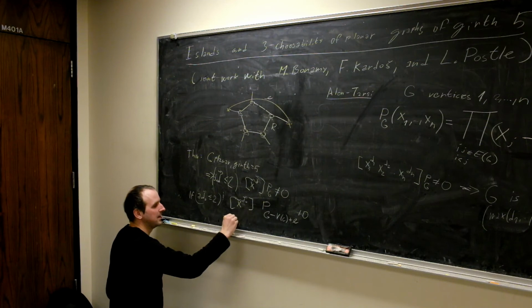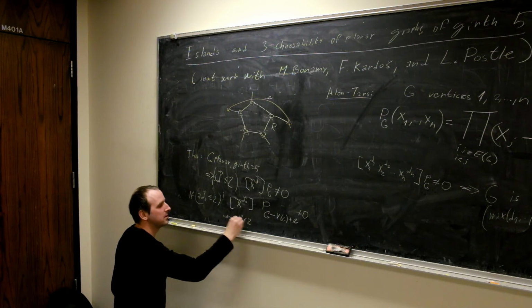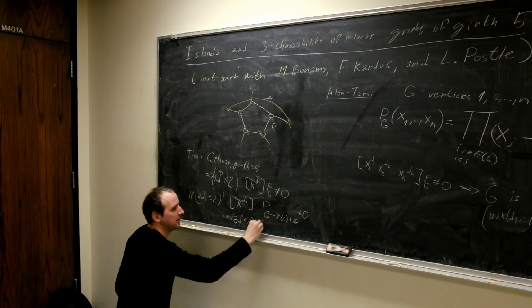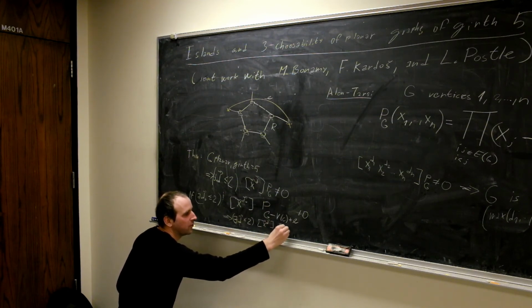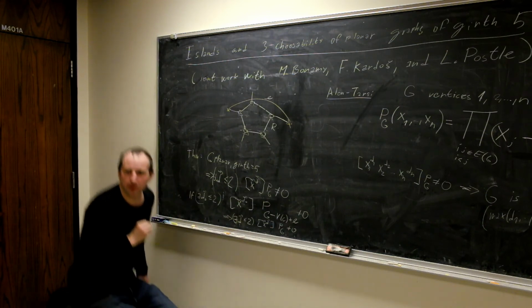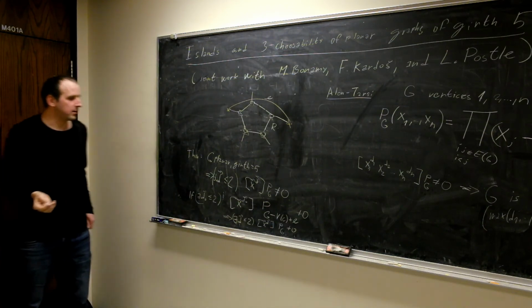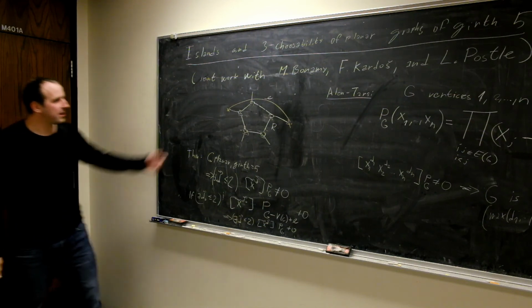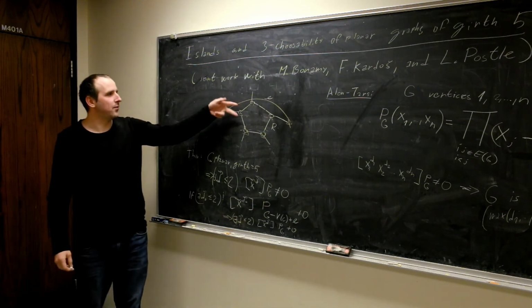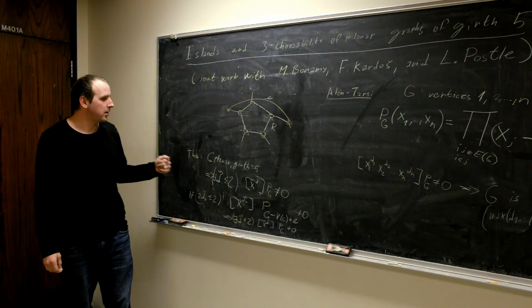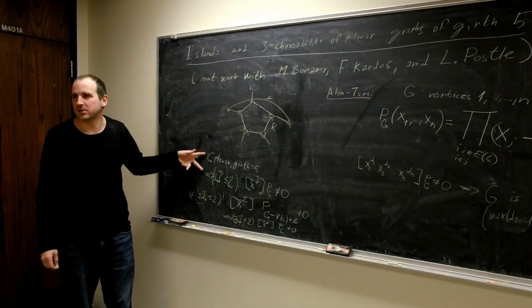is non-zero, then it follows that there exists some other list of degrees such that this coefficient of the graph polynomial of G is non-zero. So if I can show that this is the case, let's say for a 5-cycle, I know that such a 5-cycle of vertices of degree 3 cannot appear in a minimal counterexample to this theorem.